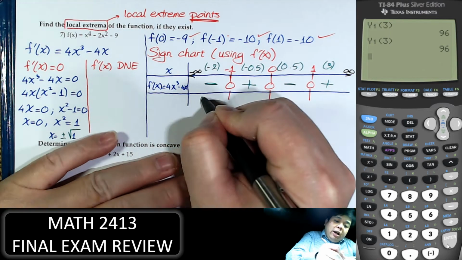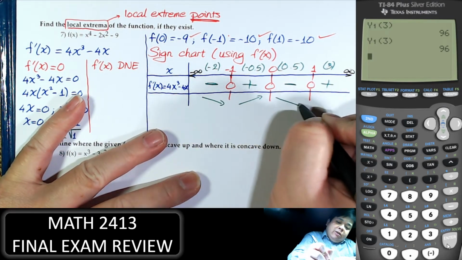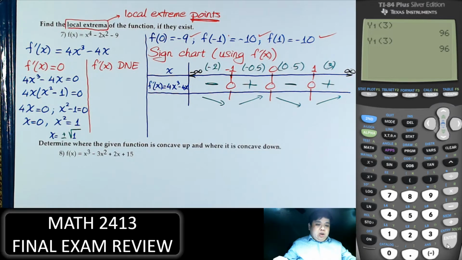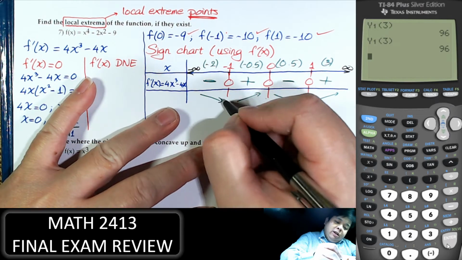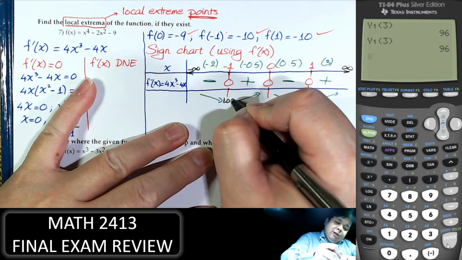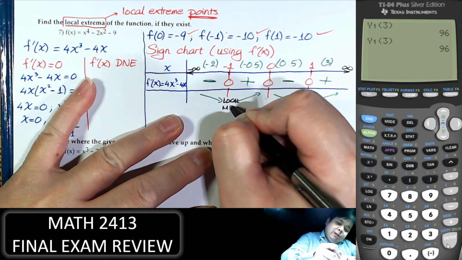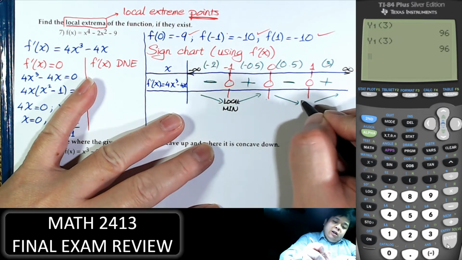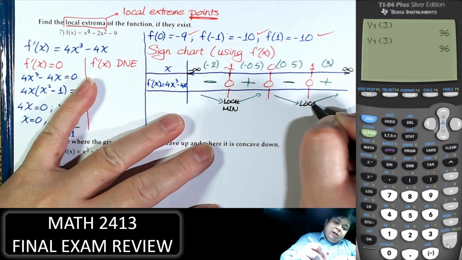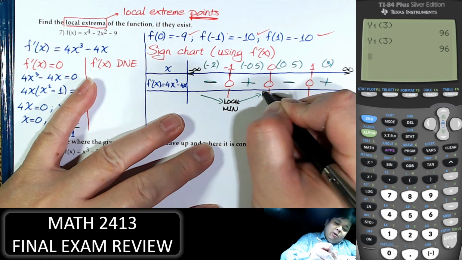Right. So decreasing, increasing, decreasing, and increasing. So of course here we have the local min, local max, local min. So local min at negative 1 and 1, and here's the local max.